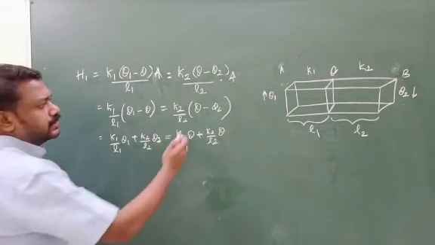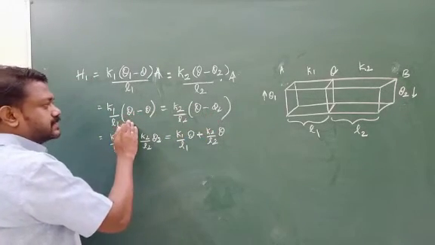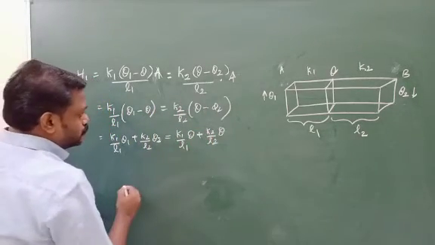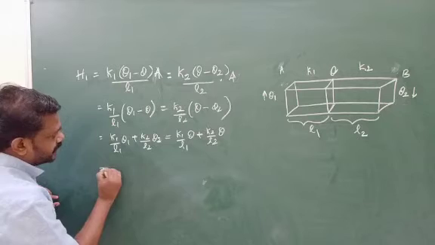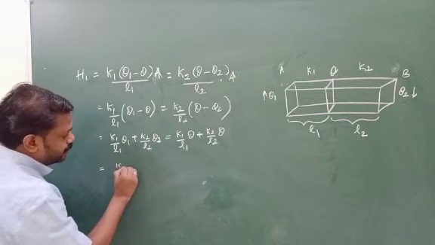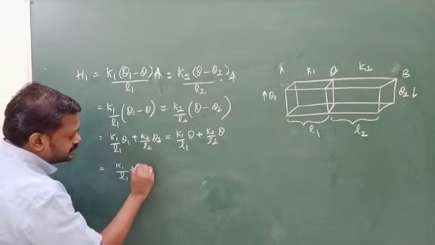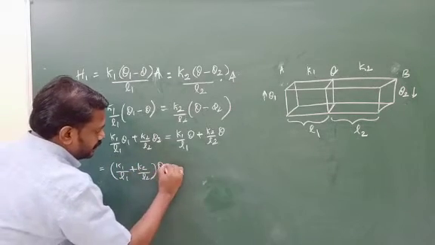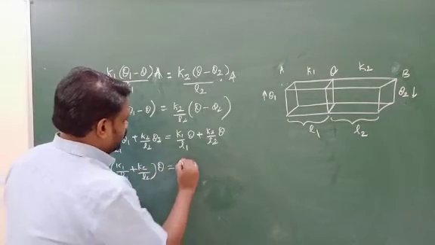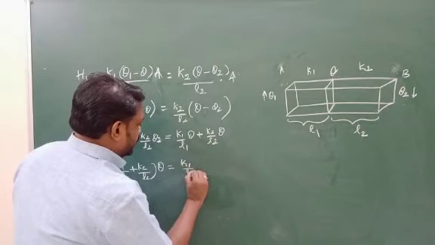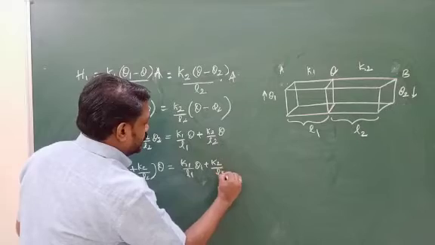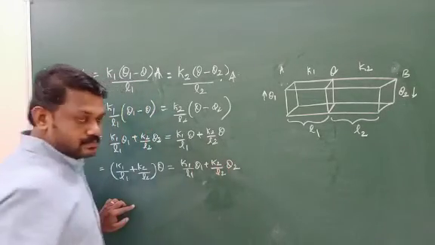Nothing more we have done: this theta 2 you take to the left hand side, and this theta term you take to the right hand side. So this implies K1 by L1 plus K2 by L2, into theta, equals K1 by L1 theta 1 plus K2 by L2 theta 2.